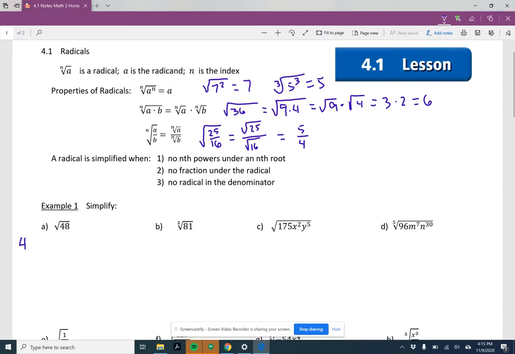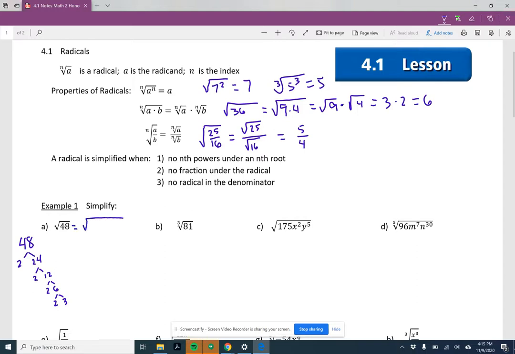So we're going to start with the square root of 48. Several different ways you can do this. One way is to take the 48 and write it as a product of primes. 48 is divisible by 2. It's 2 times 24. 24 divided by 2 is 12. 12 divided by 2 is 6. 6 divided by 2 is 3. So we can keep breaking down that 48.